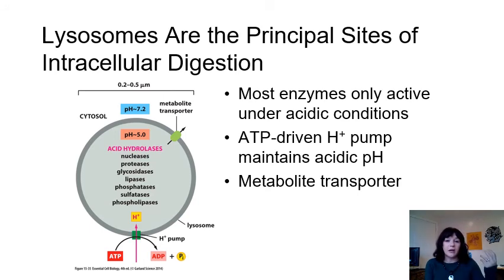So that is a metabolite, a partially broken down molecule. So as the lysosome is breaking molecules down, whether it's proteins or fats or DNA, it now has all these pieces, these building blocks, also known as metabolites, and they are going to be sent out of the lysosome by this transporter so that they can be used to have different functions and be used to build things in the cell.